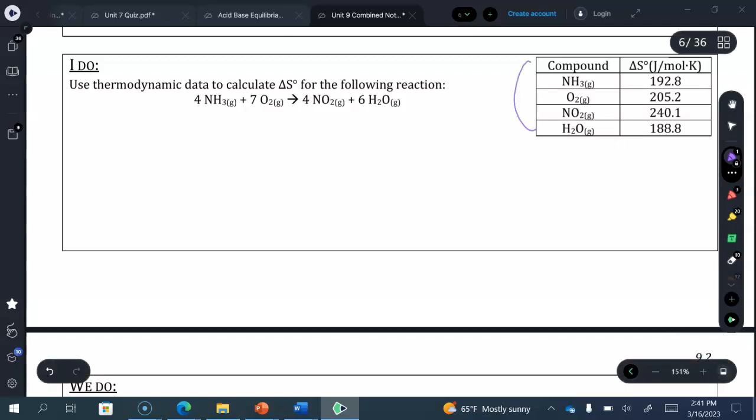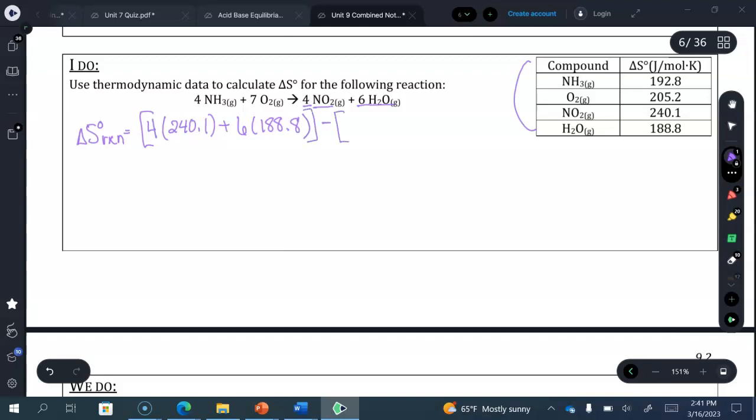They were kind enough to give us that data. So the delta S of the reaction is equal to 4 times, it's coefficient times the compound, so I'm going to come over here to NO2, 240.1, plus 6 times water, which is 188.8.